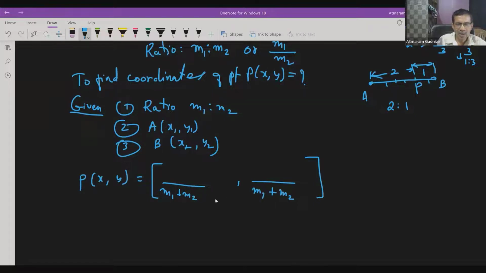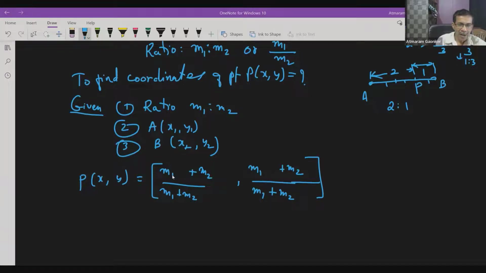So in both cases, the denominator is m1 plus m2 and the numerator is m1 plus something plus m2 plus something. You write initially like this: m1 some gap plus m2 some gap. And I will tell you what is to be filled in this gap.